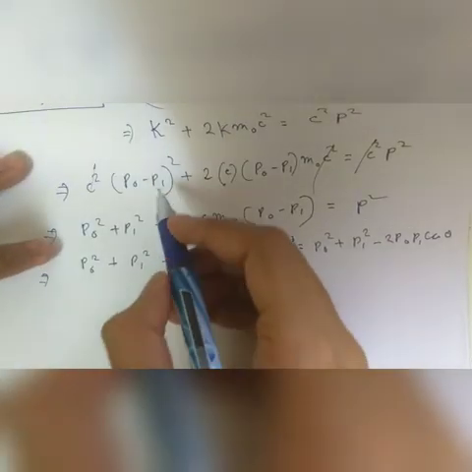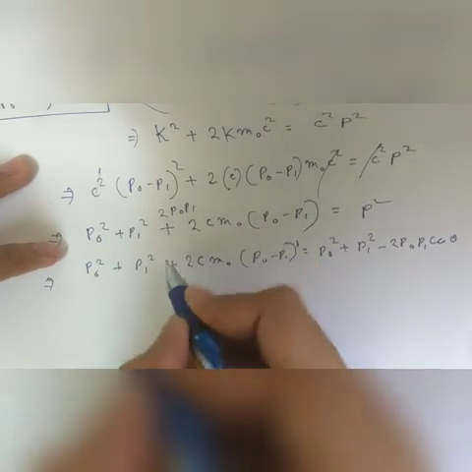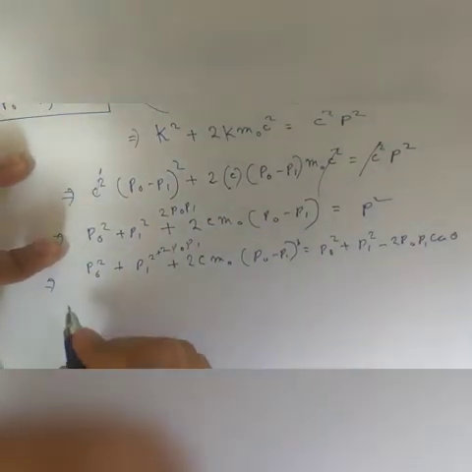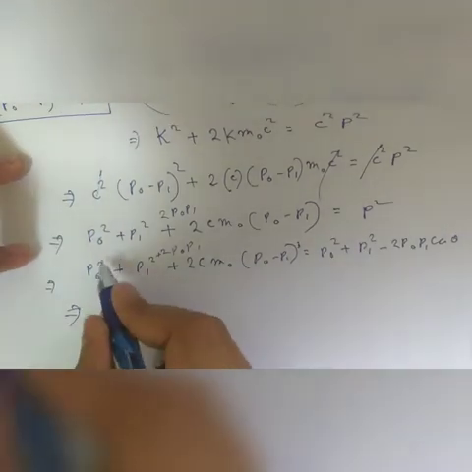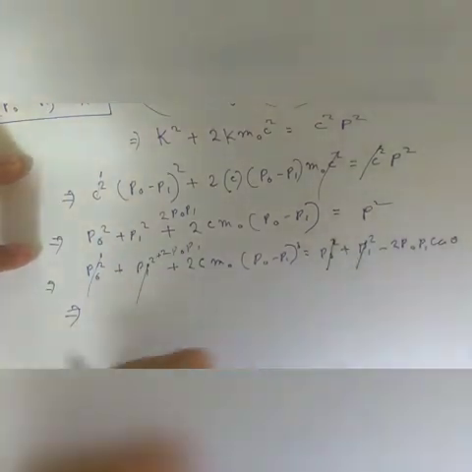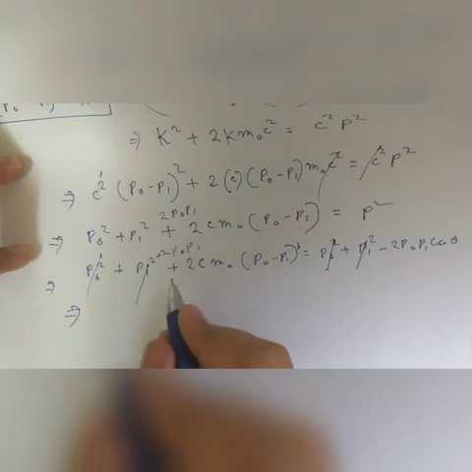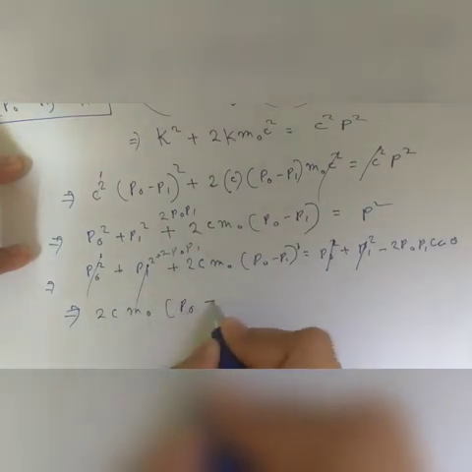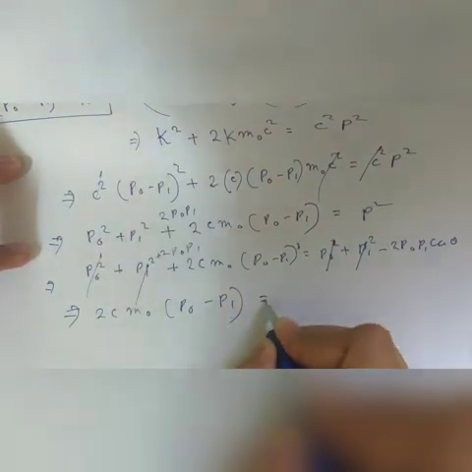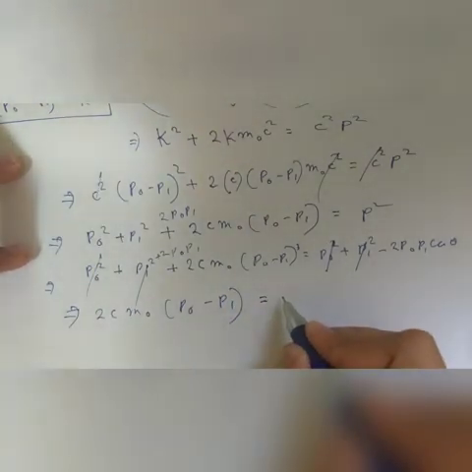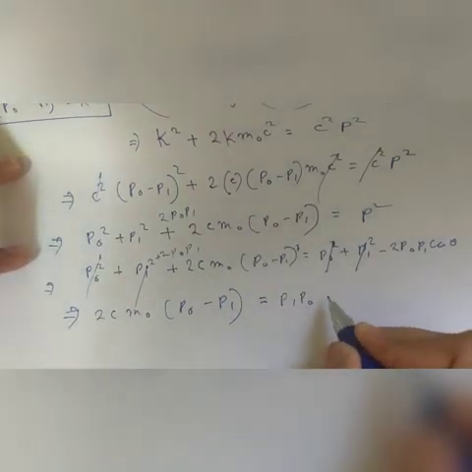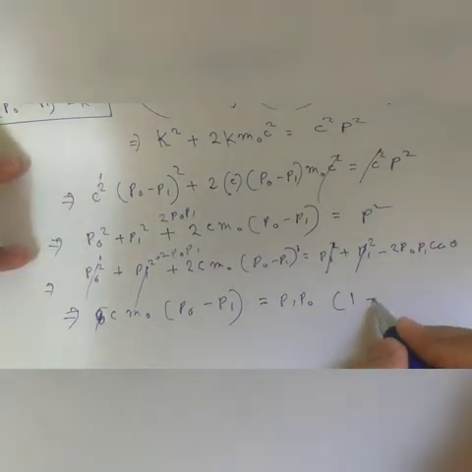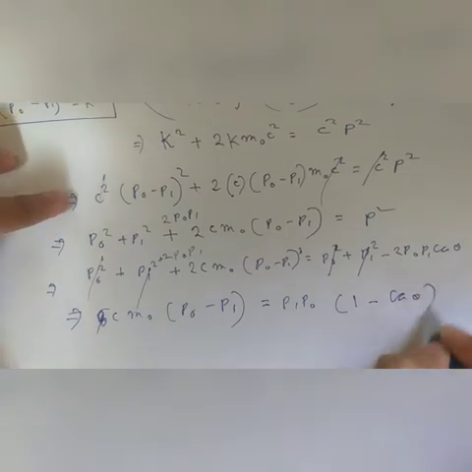There should be a 2 p naught p1 term plus a 2 p naught p1 term. So after that we will get these two terms cancelled out. There will be a p naught p1 term, so 2 c m naught times p naught minus p1 equals p1 p naught, 2 will be cancelled out, 1 minus cos theta.